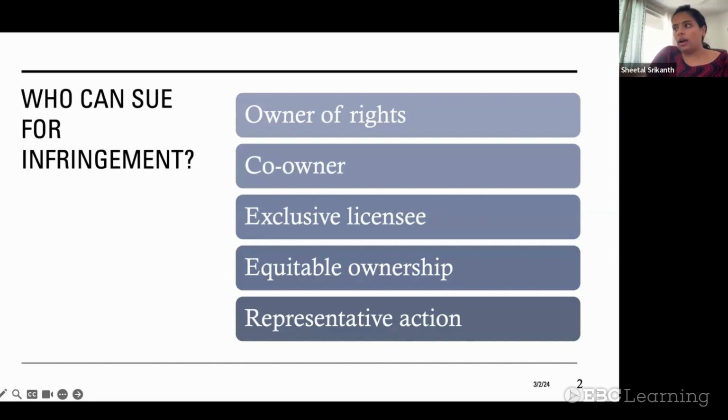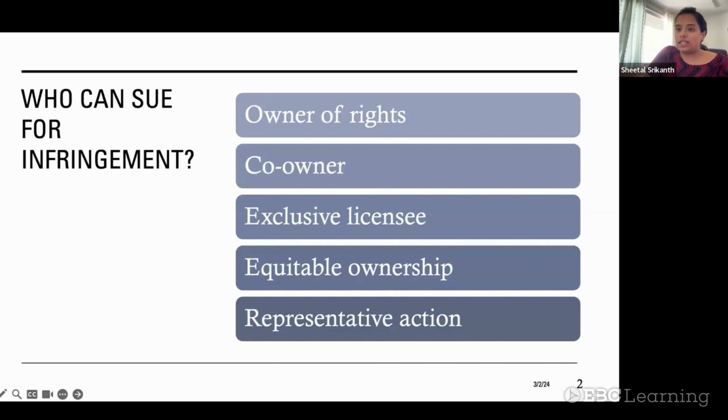Now, another anomaly that is applicable only in intellectual property is that an exclusive licensee of intellectual property is also entitled to file a suit. In fact, when discussing ownership vis-a-vis infringement, the Copyright Act specifically says that owner of a copyright would also include an exclusive licensee.